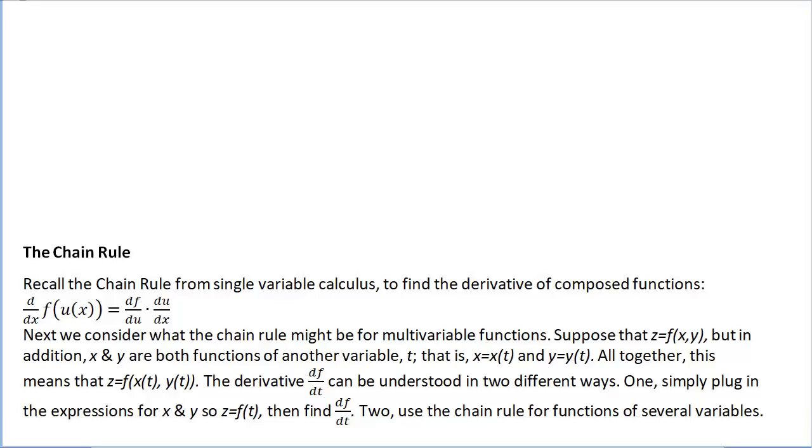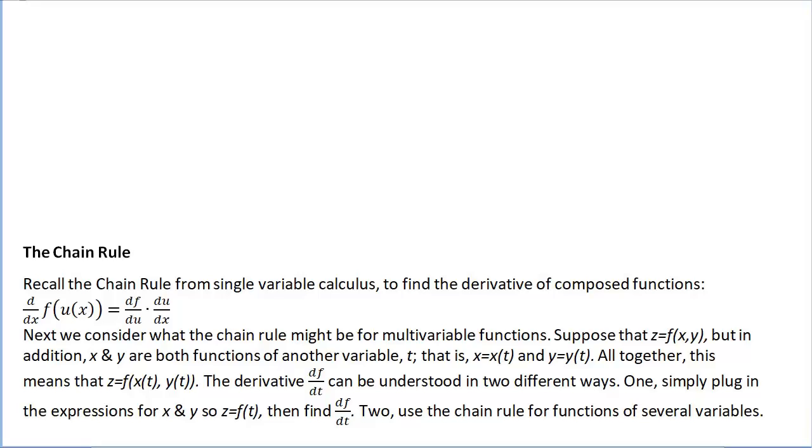So now we're going to try to bring it back to multivariable functions. First of all, what would a composed function scenario look like here? Well, suppose we have z equals f of x, y, but in addition, x and y themselves are both functions of another variable, which we're going to call t.